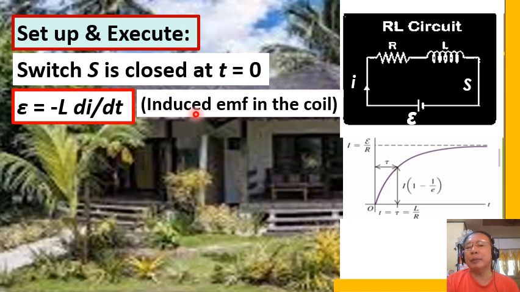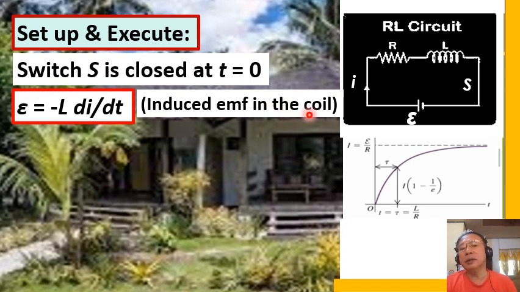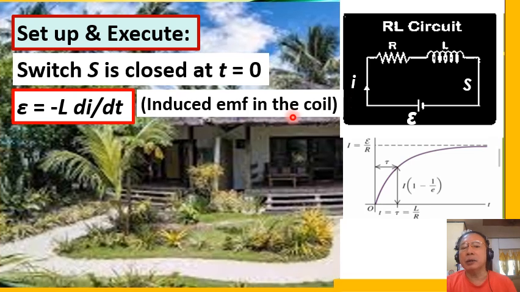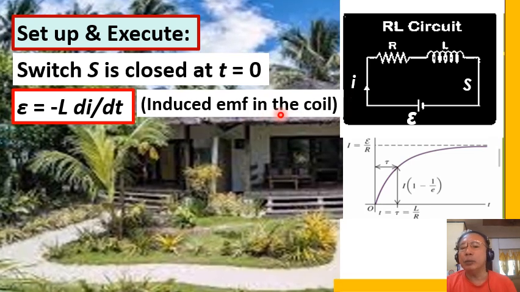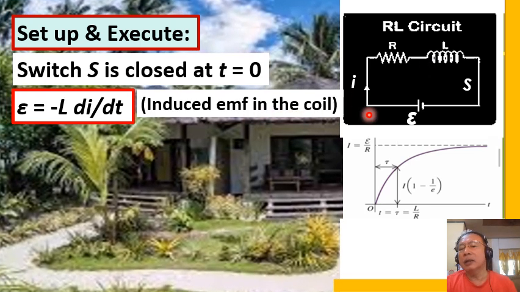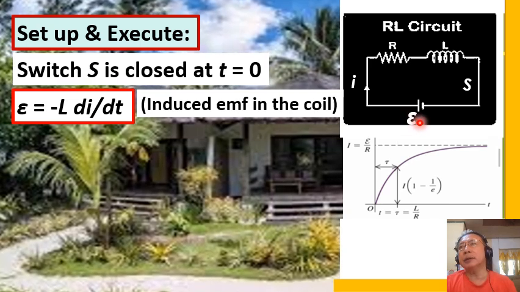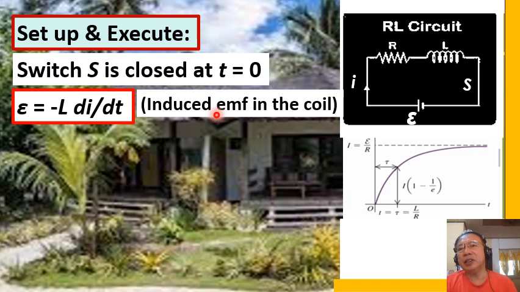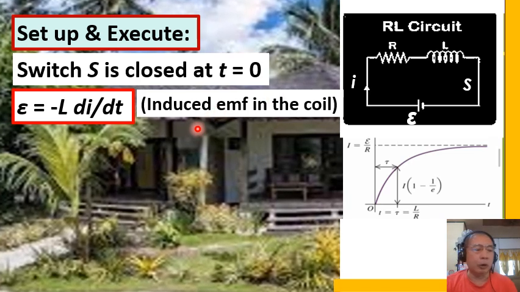This is the induced EMF in the coil, which incidentally, because the coil is considered an ideal coil with negligible internal resistance, whatever is the EMF of the source will just be the same as the induced EMF in the coil.